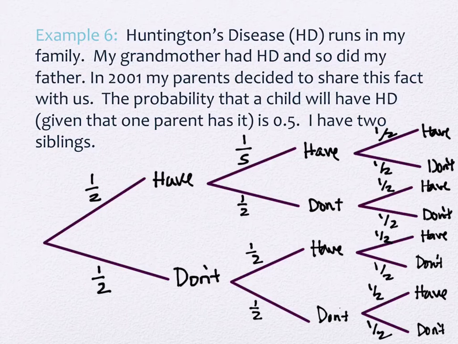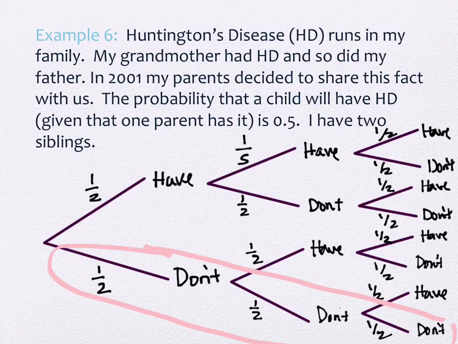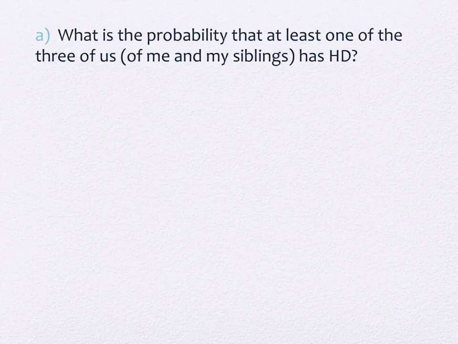So what I did in my mind that night is I looked at this particular piece down here, which is answering the question that's being asked. What's the probability that all of us are clear? None of us have it. So what is the probability that none of us have it? What is 1/2 times 1/2 times 1/2?